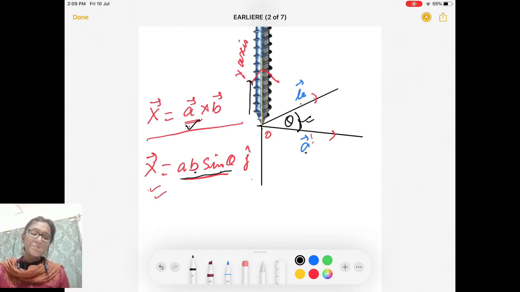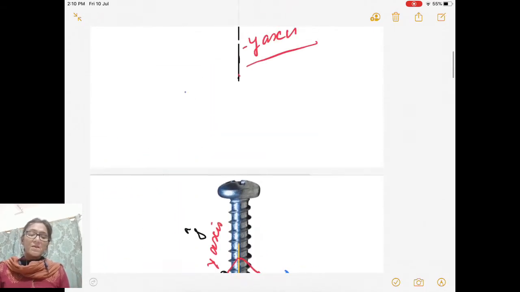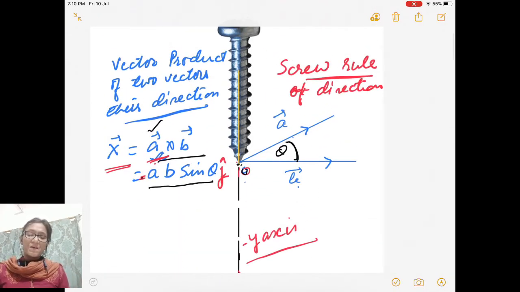In this case, if the upward direction is the y-axis, the direction can be written as j cap, the unit vector along this direction, with the magnitude associated with it. So this was about the screw rule. We have obtained two directions in two cases.